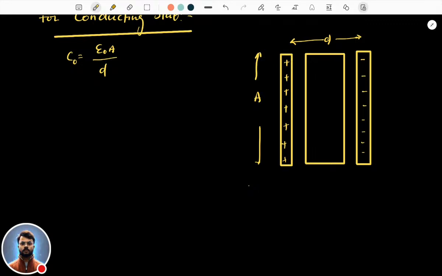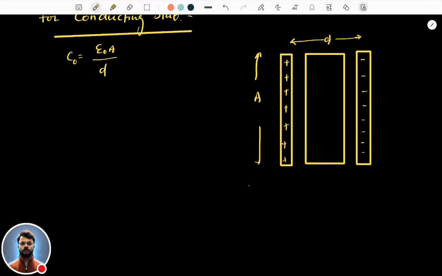Between the plates of the capacitor there is an electric field. According to Gauss, when you place a conductor in an external electric field, the net electric field inside the conductor is always zero, no matter whether your conductor is hollow or solid.